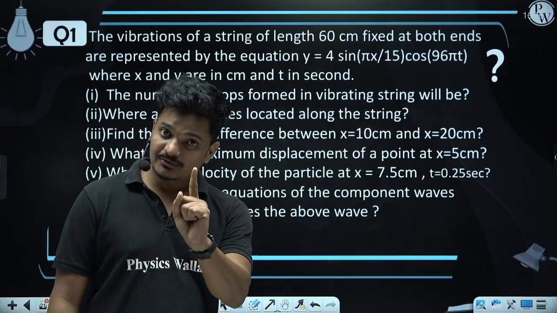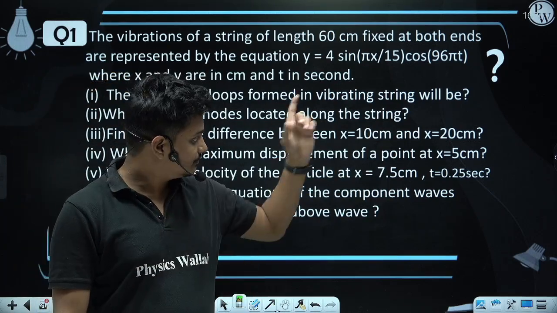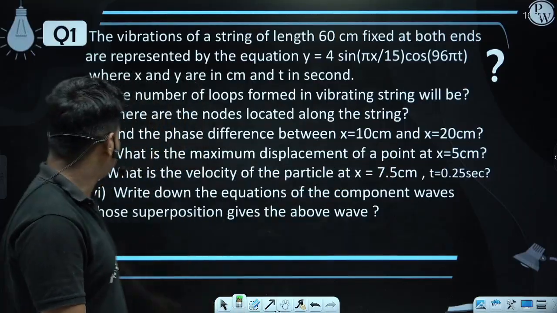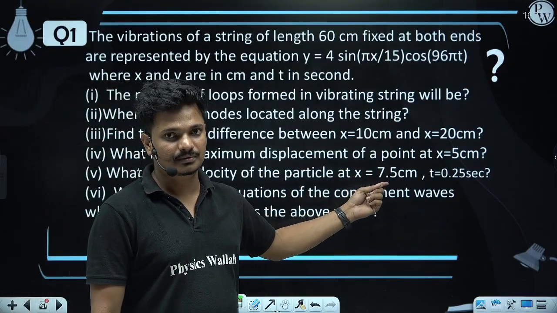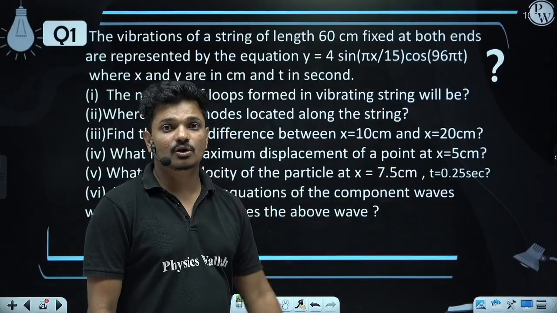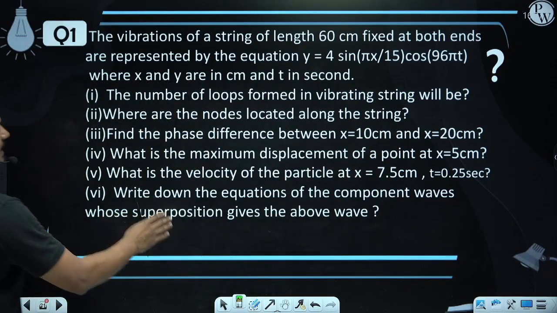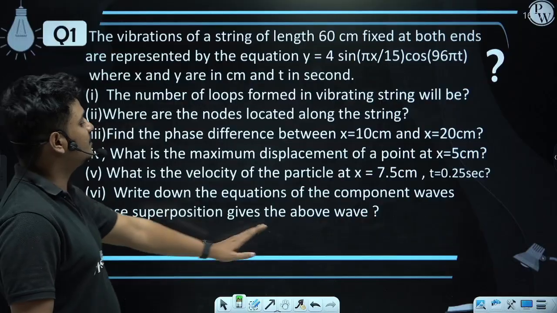That means we have to find the amplitude of the particle at x equal to 5 centimeter.